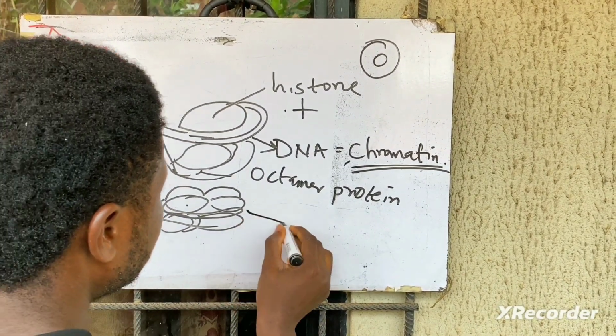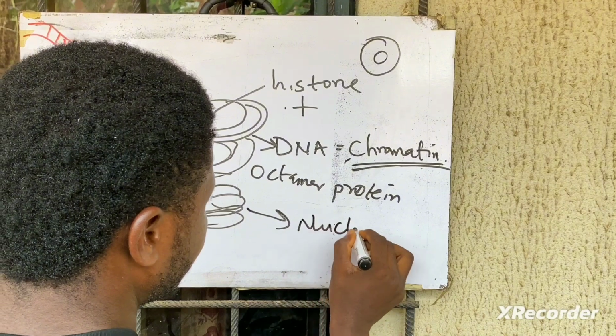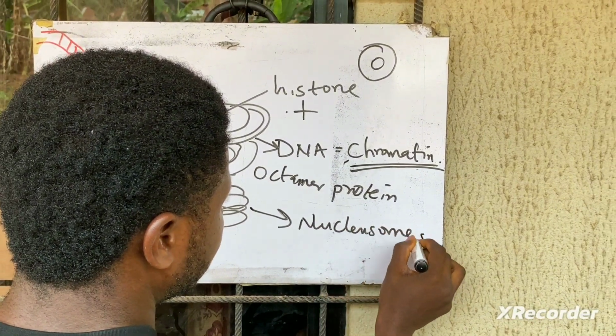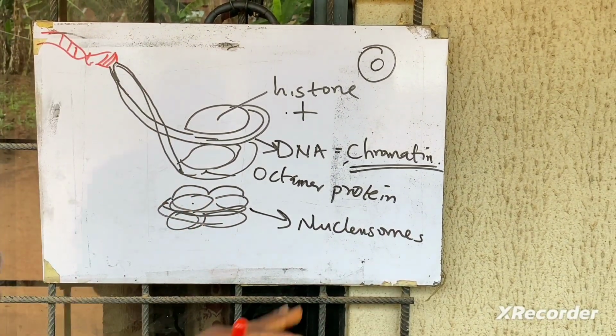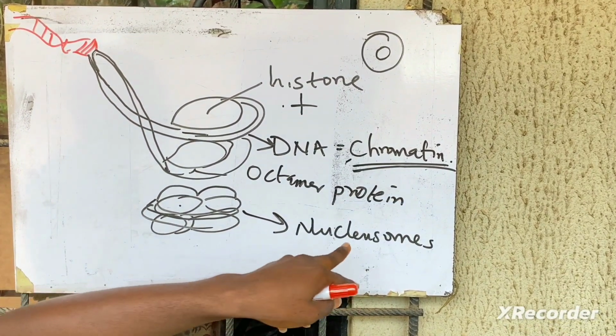It's on point, eight. So the DNA wrapped around this octamer protein form is known as the nucleosome. So we can actually see that chromatin is a condensed form of the nucleosome.